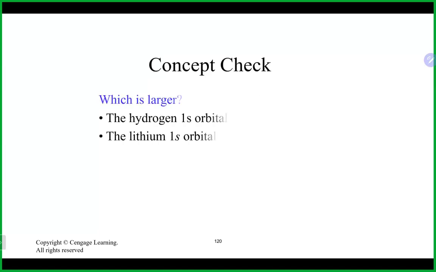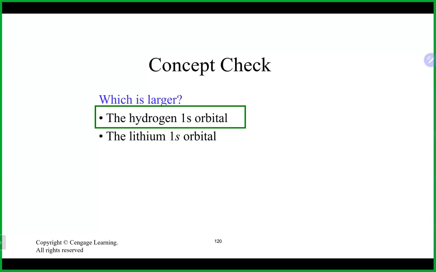And which one is larger, the hydrogen 1s orbital or the lithium 1s orbital? It is going to be the hydrogen, and that is because hydrogen only has one electron, right? So it is going to be by itself.